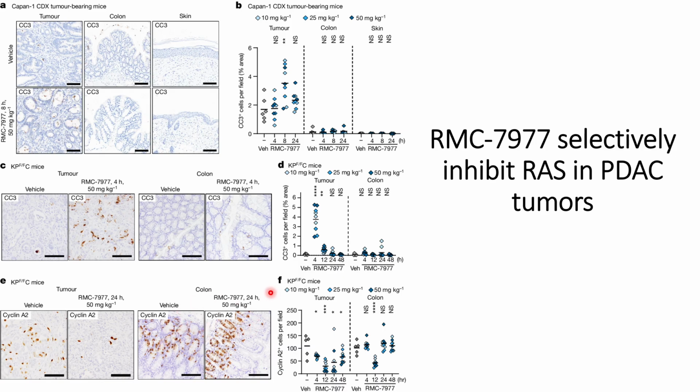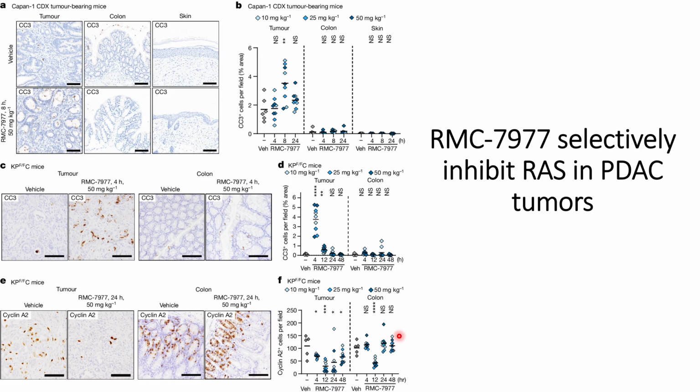These are quantified in panel F, where in the case of tumors there is a decrease in the cyclin A2 level after injection of RMC-7977. It reaches its lowest value at 24 hours, and after that it increases. In the case of colon, we also see a decrease in cyclin A2 levels, which reaches its lowest value at 12 hours, but by 48 hours we see recovery in the colon tissues.